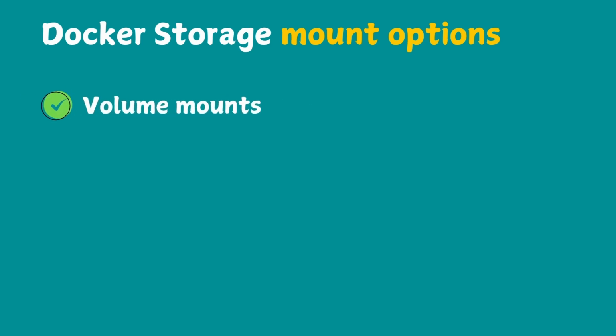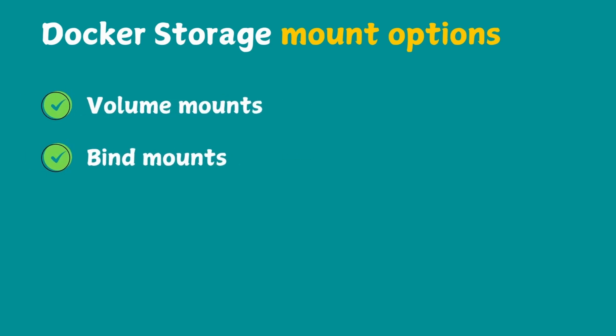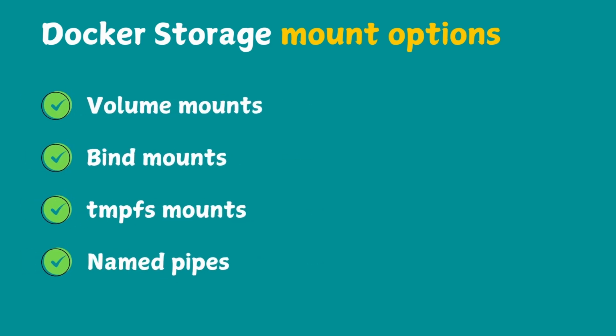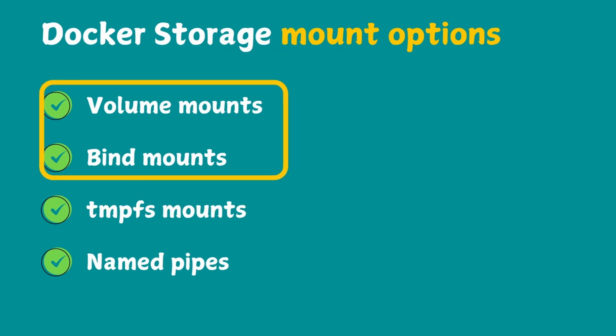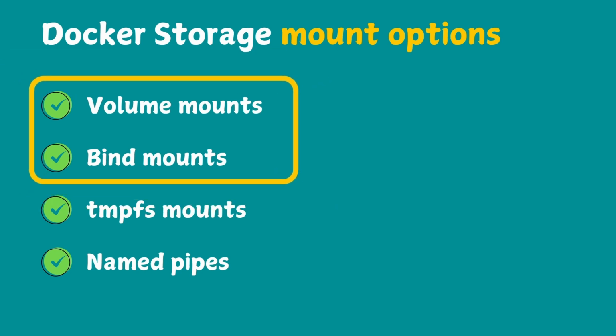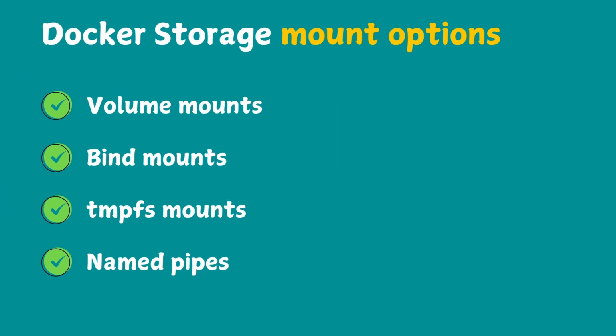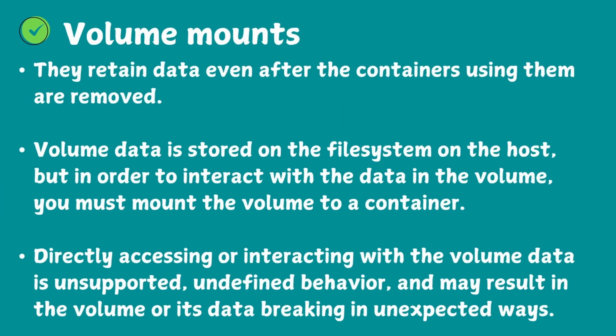Docker provides 4 storage options: volume mount, bind mount, tmpfs mount, and named pipes. We will today be seeing volume mount and bind mount. Mount means attaching. So we are attaching a file system to the container. Volume mount is where data is stored on the file system of the host, but in order to interact with the data, you must create a volume, and that volume will be attached to the container.